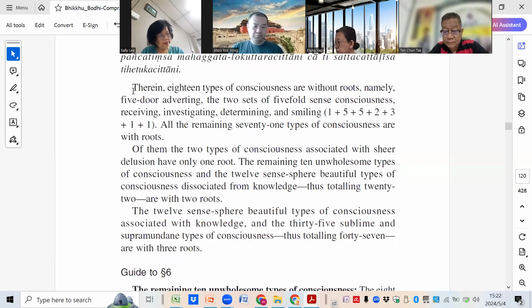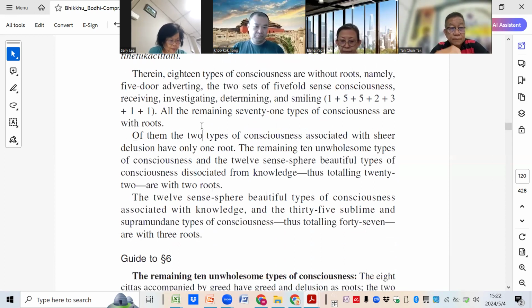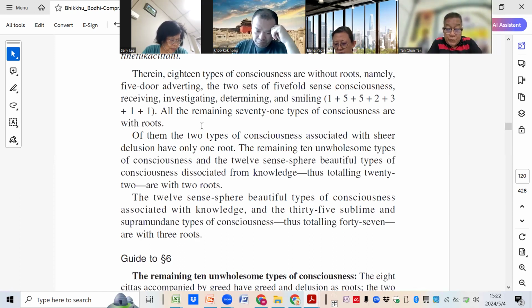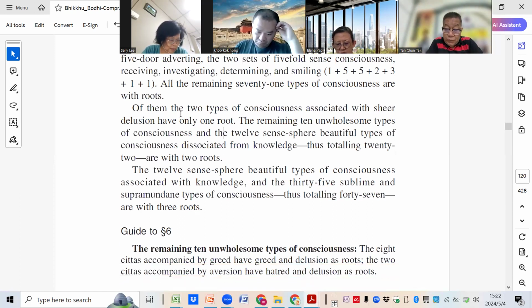Elena, can you please read the passage therein? Therein, 18 types of consciousness are without roots, namely the 5-door adverting, the 2 sets of 5-fold sense consciousness, receiving, investigating, determining, and smiling. All the remaining 71 types of consciousness are with roots. Of them, the 2 types of consciousness associated with sheer delusion have only one root.